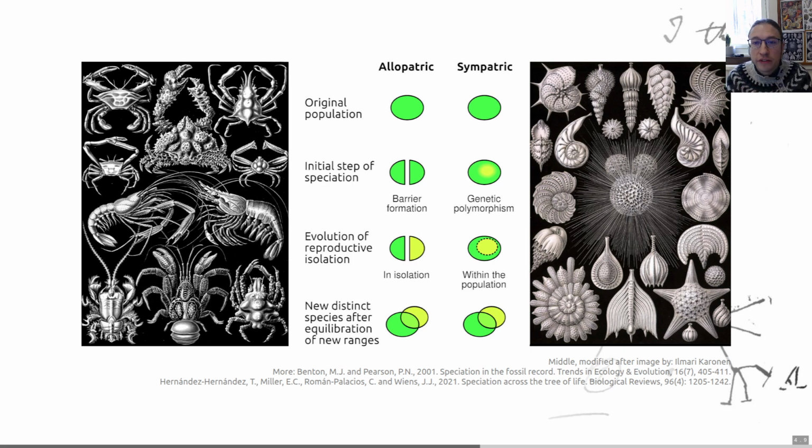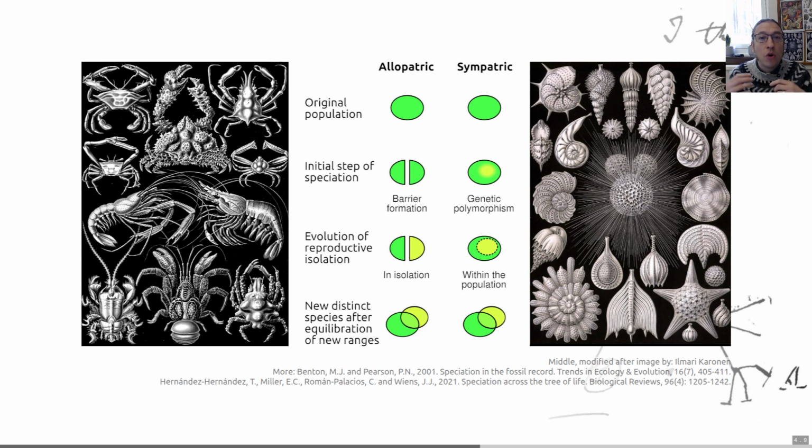But in contrast to that, we may expect sexually reproducing species, such as those organisms shown on the left-hand side here, to behave differently. These are crustaceans that live in ever-changing environments where barriers may be established, and indeed there may be rapid changes in the environmental conditions. We may expect in those conditions punctuations to be more common.